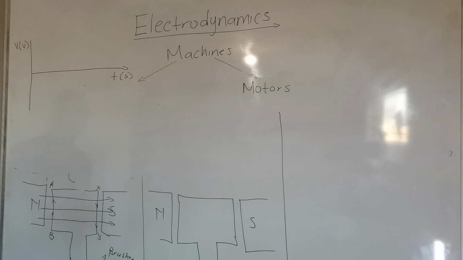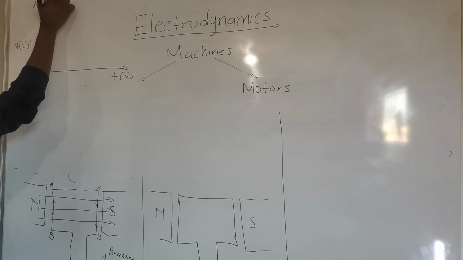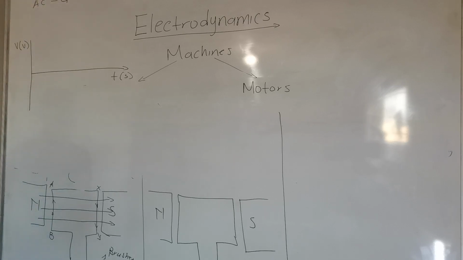Now, for the AC, this is the graph of an AC generator. Okay. Now, what do we see here? The induced EMF, which is the voltage we know. As the magnetic flux is changing direction, what is going to happen, guys, is that the induced EMF is going to change direction.